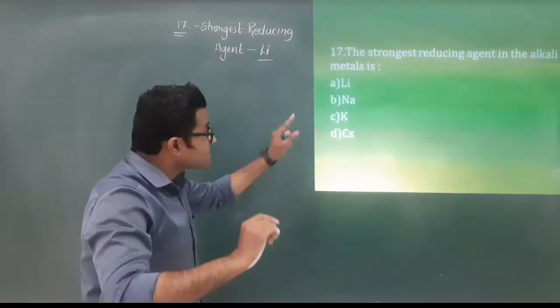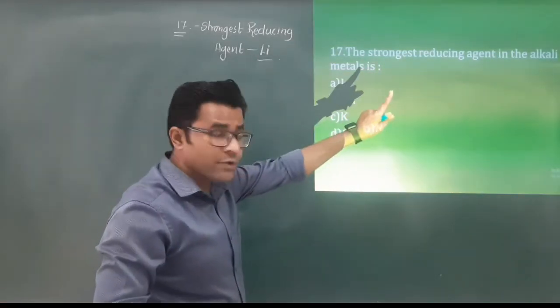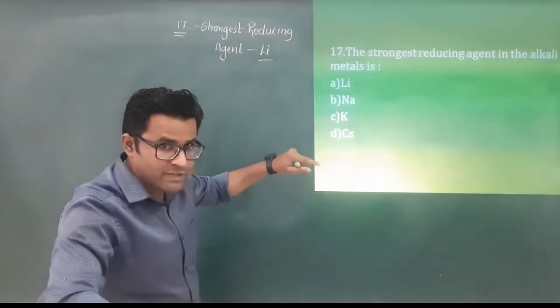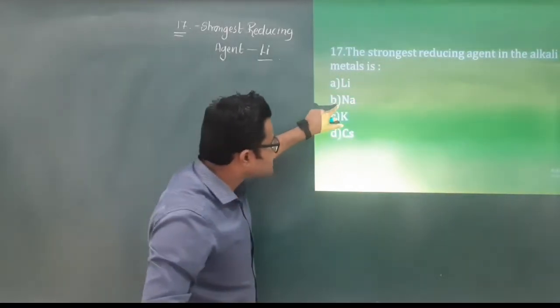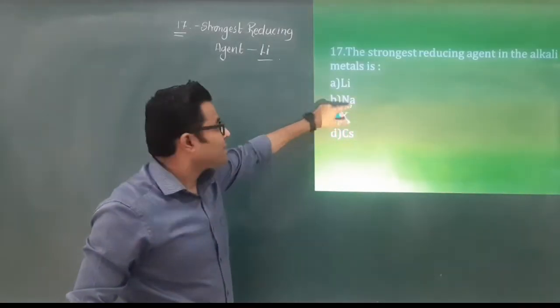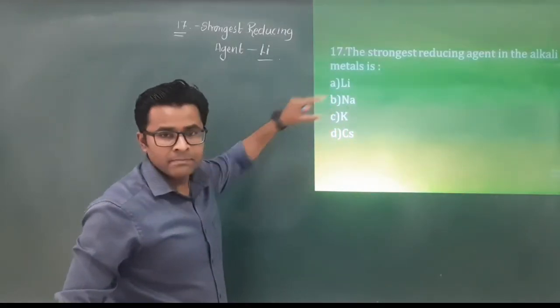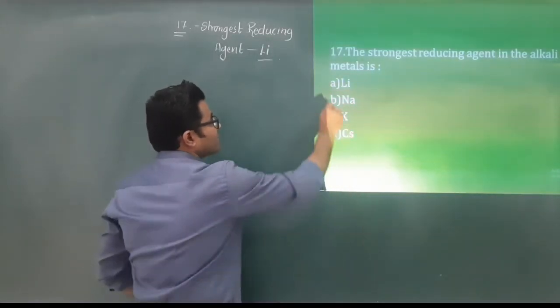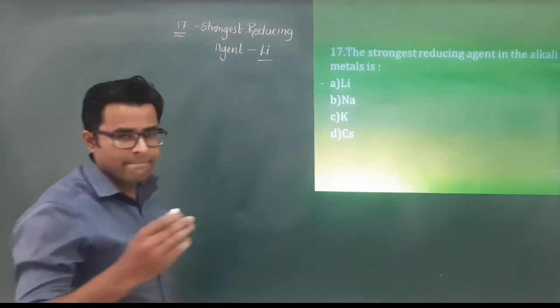For the 17th, lithium is strongest. Now here, the least, the lowest one, is sodium. The highest one is lithium, the lowest one is sodium. Remember that. So the answer here is A.